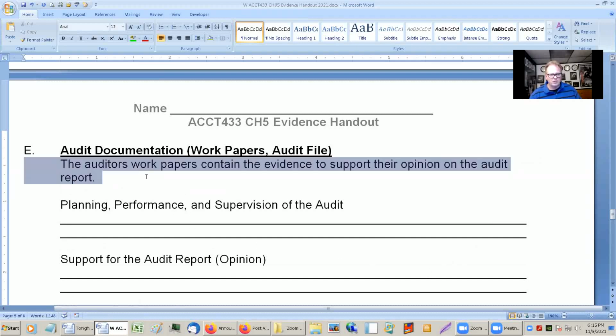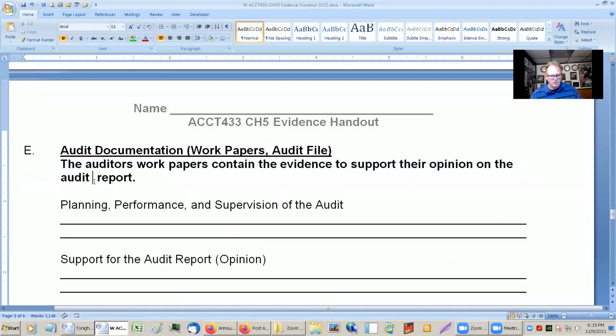The auditor's work papers are there to do that every time, to support their opinion on the audit report. So it's their backup. It's basically like evidence as if you're going into court, because that is likely what's going to happen if there is a problem.